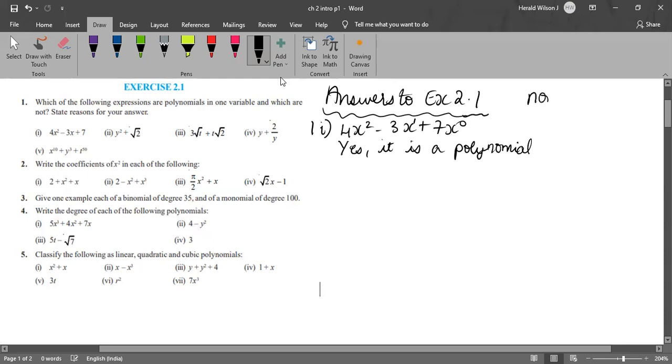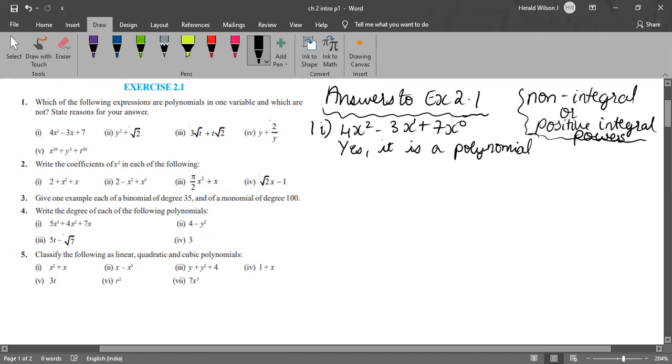Remember this word, integral powers, or you can say positive integral powers. What does integral mean? That means integers. Remember this key word, it is very important. This is the main part of the definition, right?